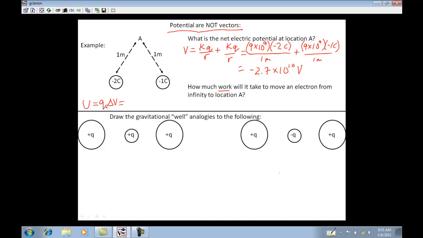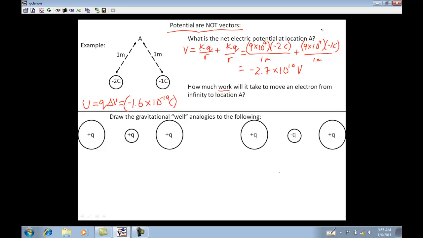Okay, so in calculating this out, Q for the electron in this problem, what's Q? Negative 1.6 times 10 to the negative 19 coulombs. And I have to multiply that by the change in the potential.